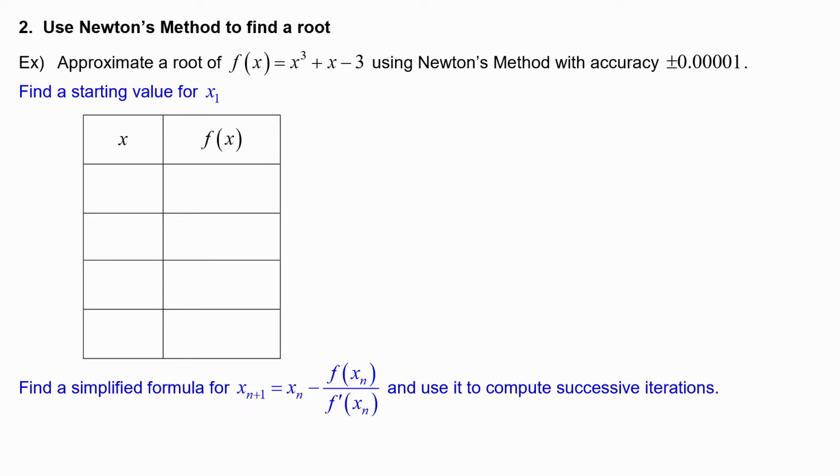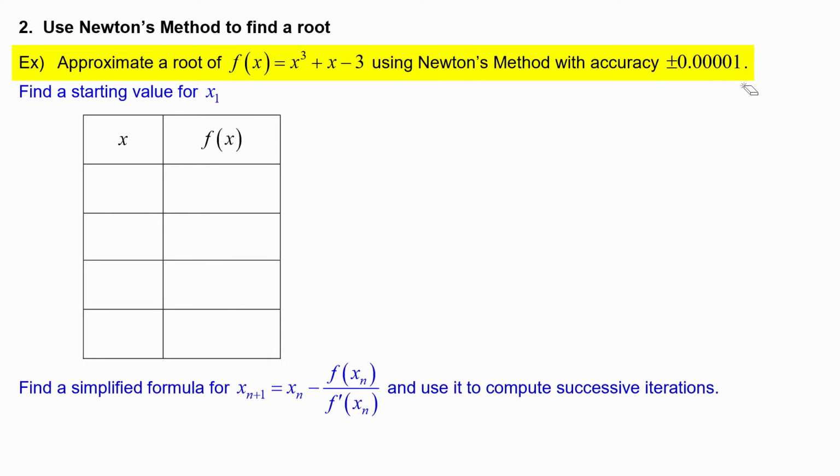So here you will learn how to use Newton's method to find a root. In this example, we have to approximate a root of f of x equals x cubed plus x minus 3 using Newton's method with an accuracy of plus or minus 0.00001.